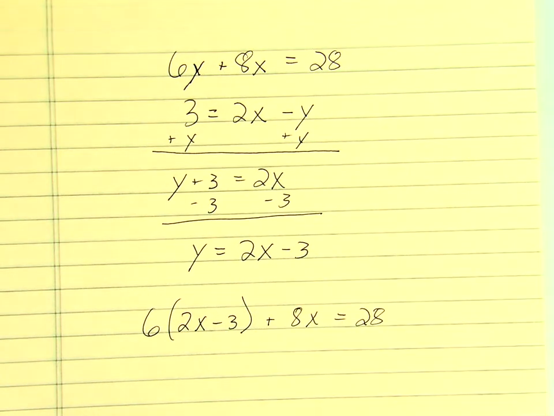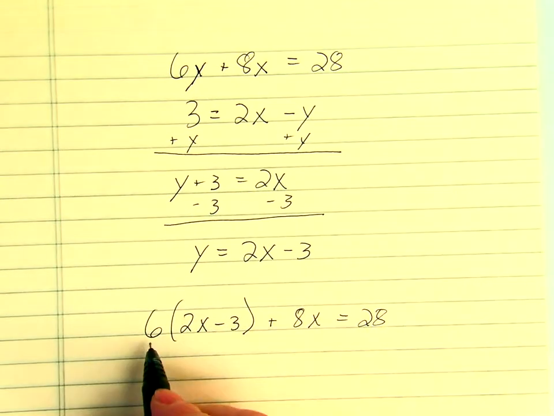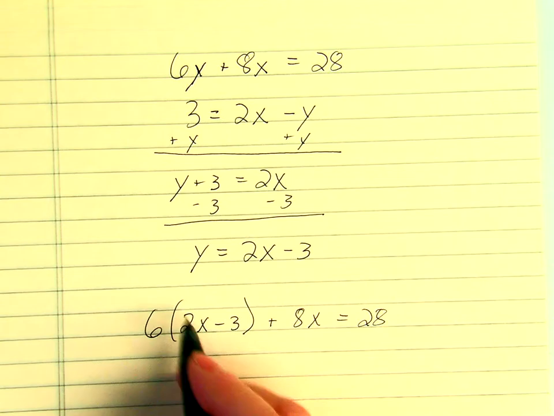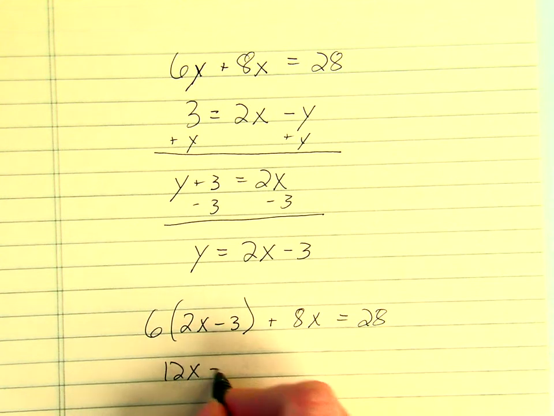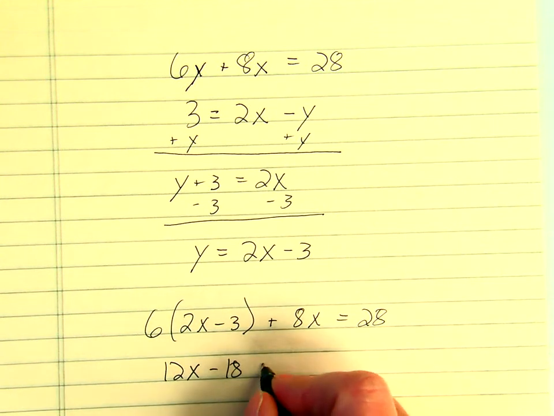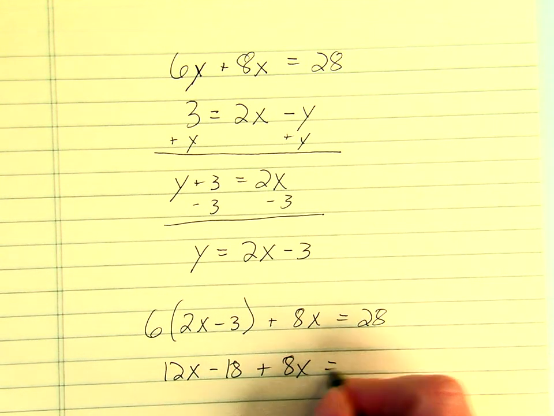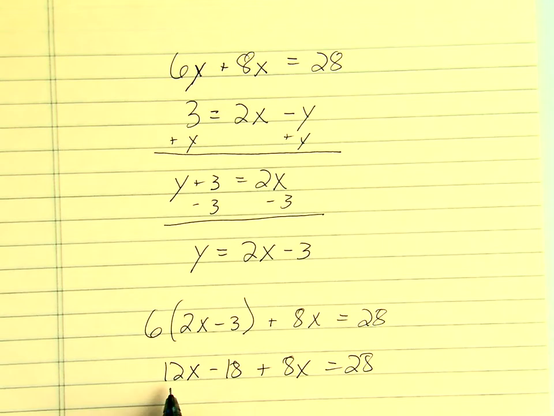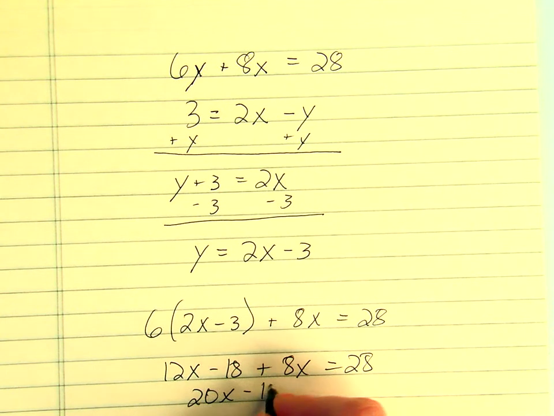And now I'll just continue the solution using the distributive property. We've got 12x minus 18, excuse the bell, plus 8x equals 28. 12x plus 8x is 20x minus 18 equals 28.